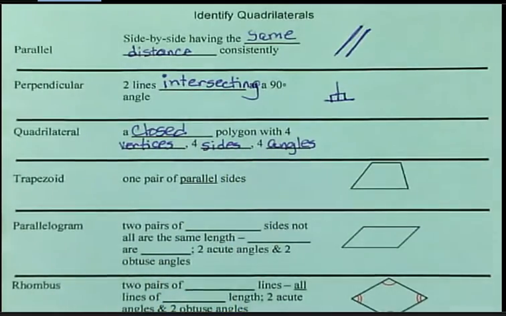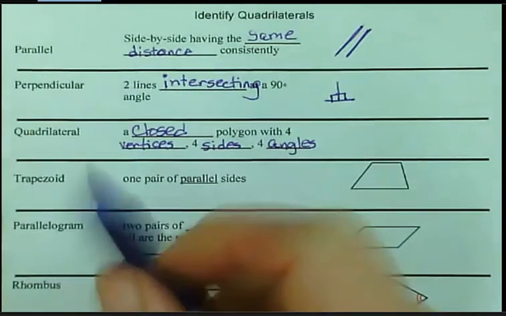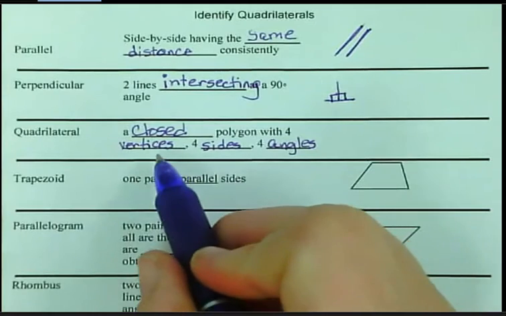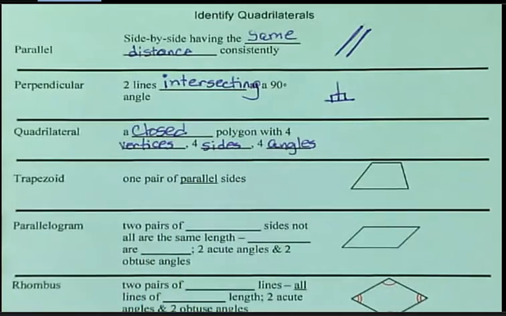What does that sound like to you? Sounds like a square, right? Or maybe a rectangle. Or some of these other things that we're going to look at, okay? A quadrilateral has to have four vertices, four sides, and four angles.